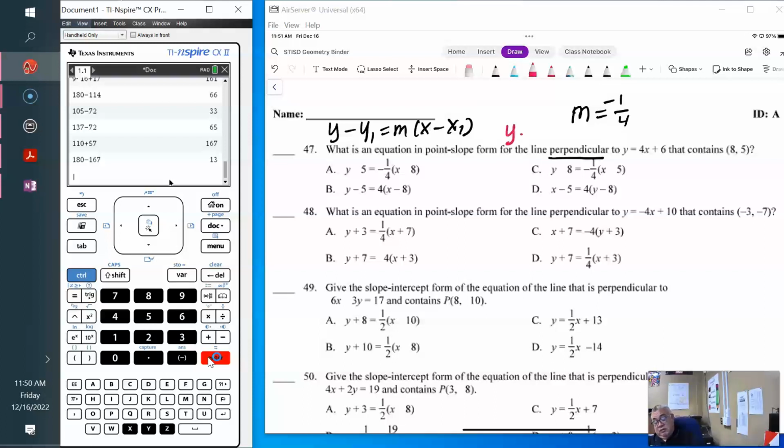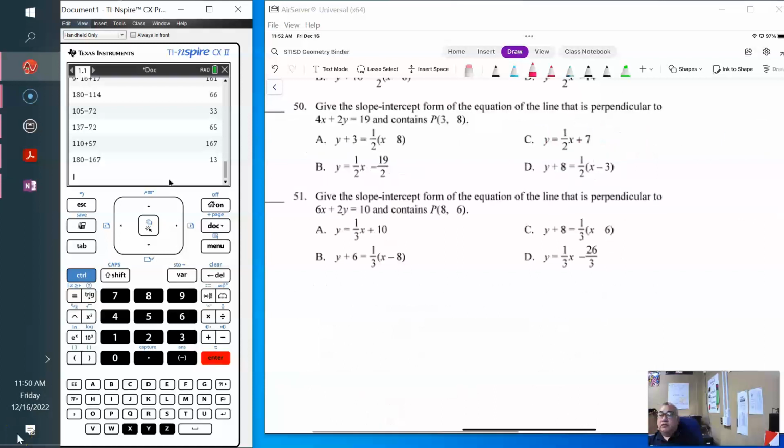So you have y minus y1. y1 is 5, so you have y minus 5 equals negative 1 over 4, times x minus x1, which is 8. So y minus 5 is equal to negative 1/4 times x minus 8. So your answer looks like it's going to be A.